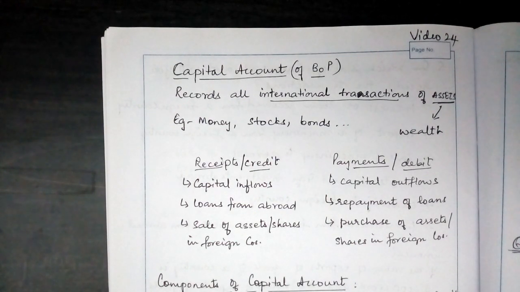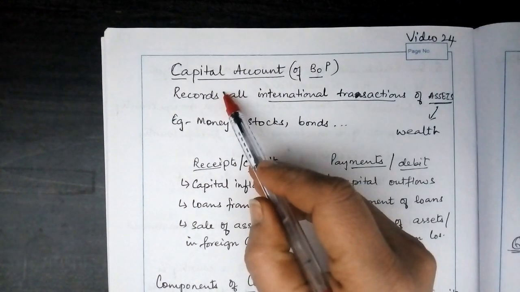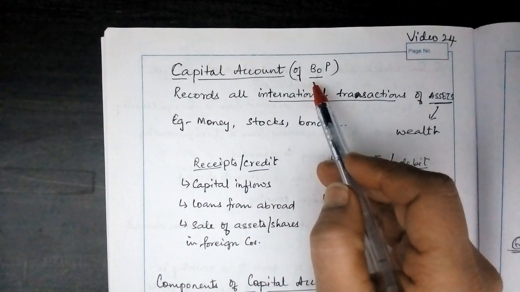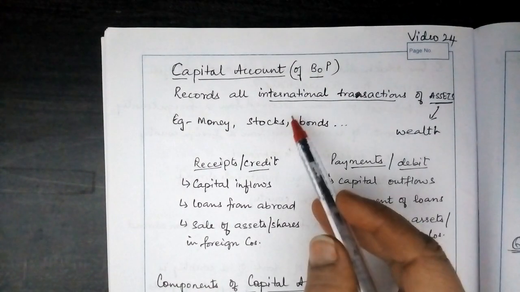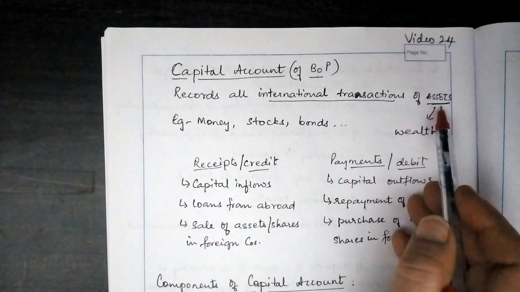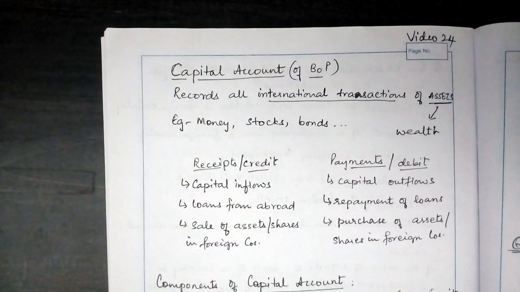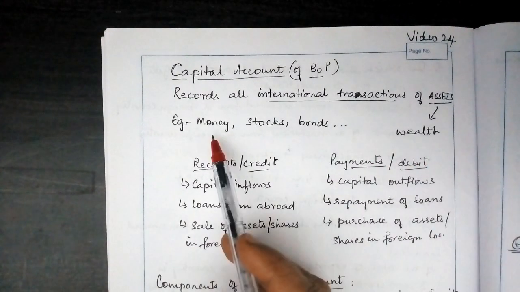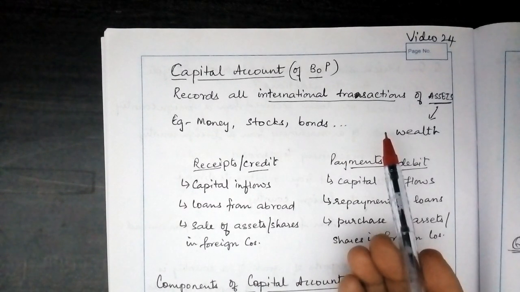In this video, video number 24, we will learn the capital account of balance of payments. The capital account records all international transactions of assets, that is wealth. Wealth in the form of money, stocks, bonds, etc.